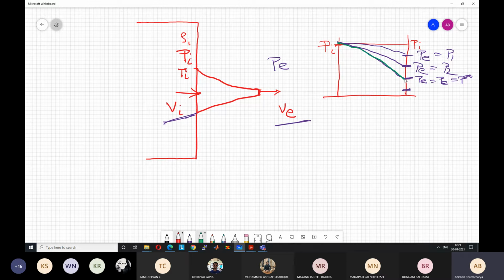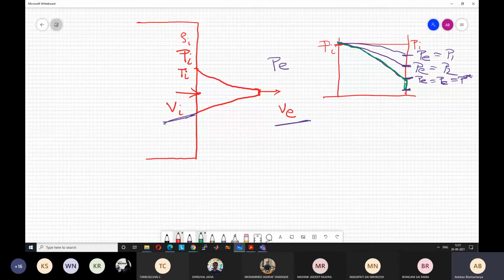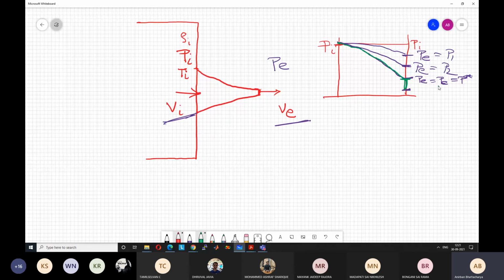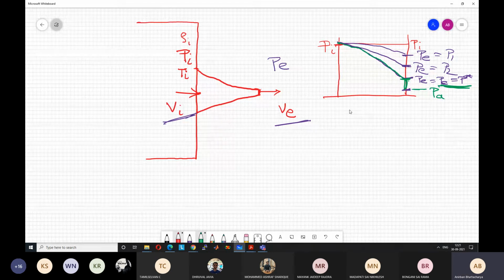So this will be just outside. The exit pressure will still be equal to P star. Then there will be a sudden jump outside, and there it will be equal to PA, the outside or ambient pressure.